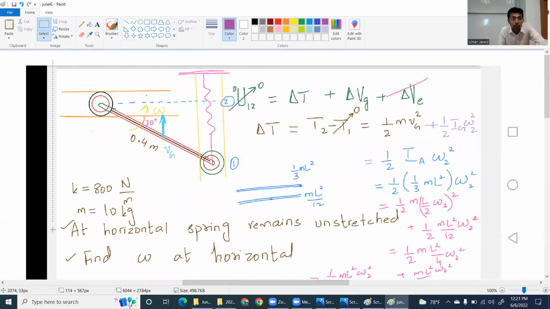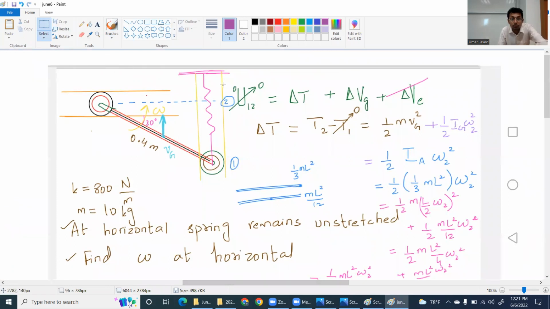Okay, so let me do some steps here. The previous question is done. That was not a question, I was just telling you. This problem, done. I gave you the answer. Did you write the answer? Yeah. So you have two equations, one equation from here and one equation from here.